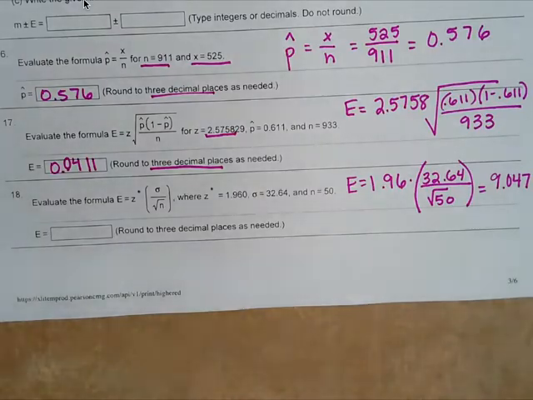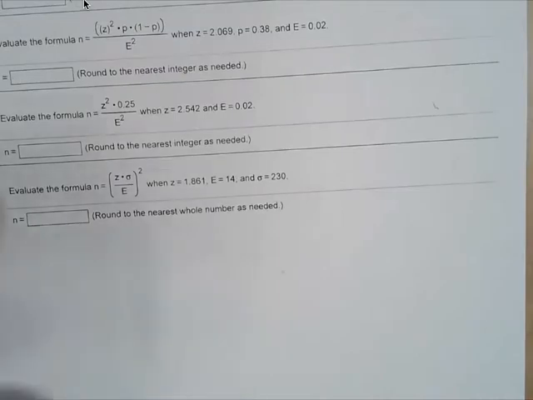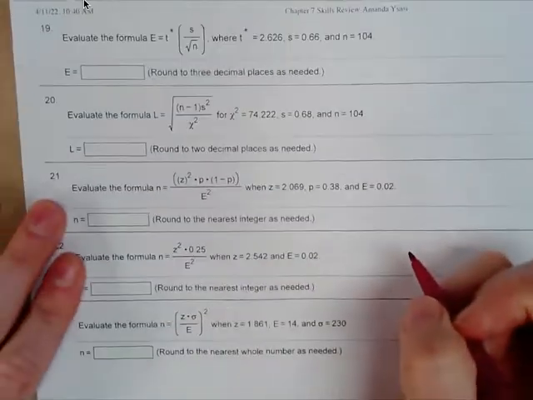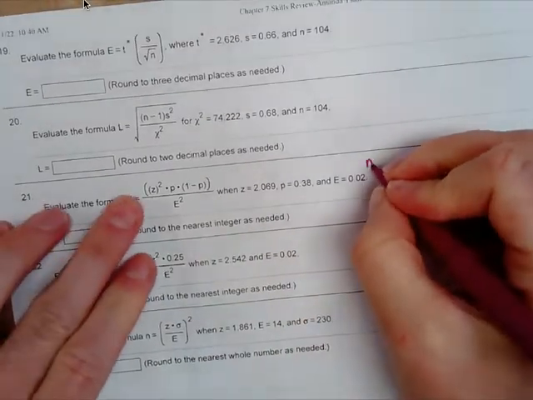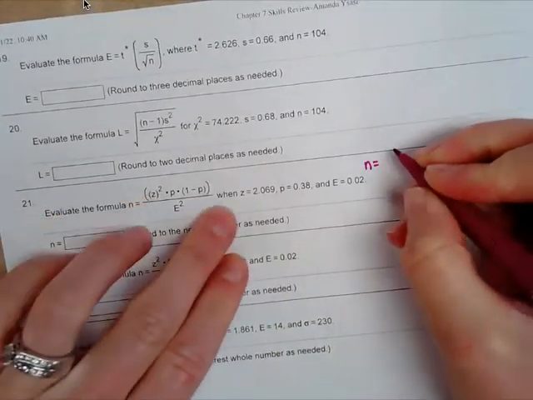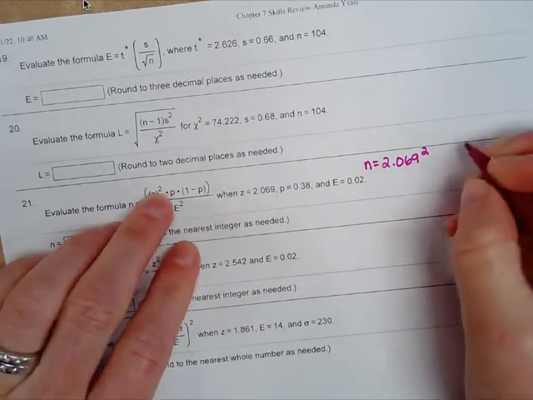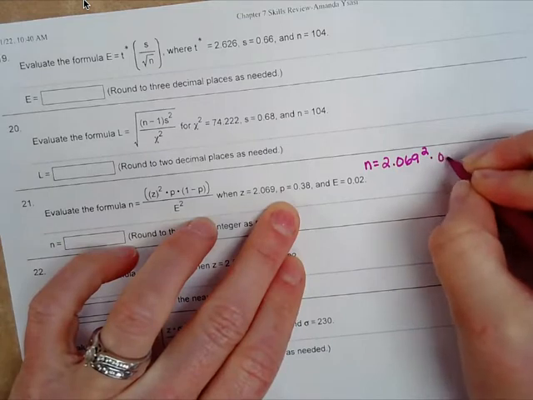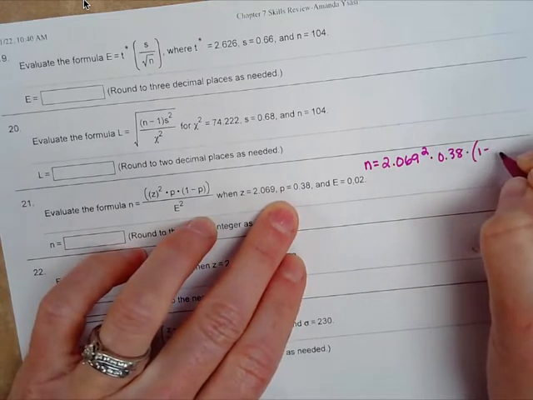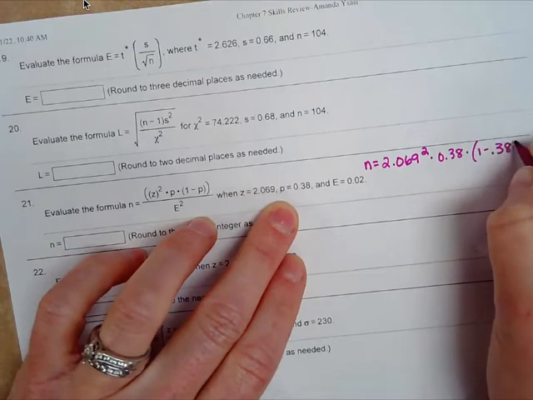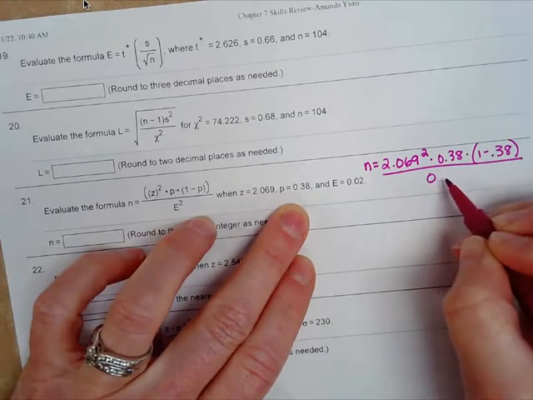Let's see if there's any more. Oh, I want to do one more. On mine, it is number 21. Evaluate the formula. So we're going to plug in all these values. So n is found by doing z squared, 2.069 squared, times p, 0.38, times 1 minus p. That's the complement, remember? All over e squared.